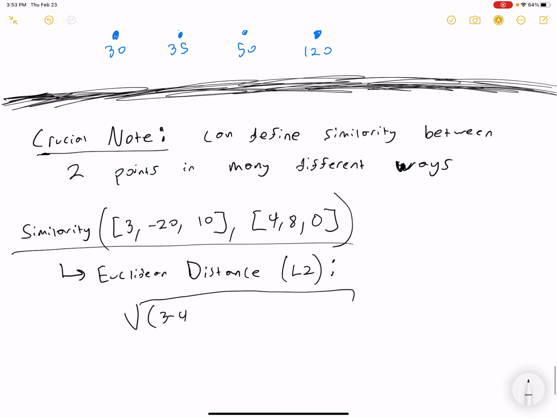That's one way to do it. So 3 minus 4 plus negative 20 minus 8 squared plus 10 minus 0 squared.